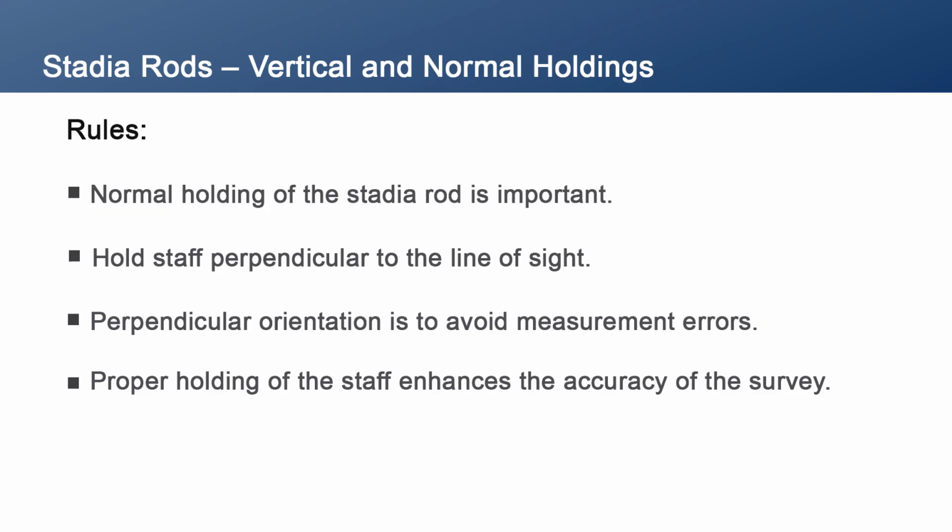Conversely, normal holding, which requires the staff to be perpendicular to the line of sight, not only avoids measurement errors but also maintains the integrity and reliability of the data collected. But this can be challenging, especially in high winds or rough terrain. So, let us now look into the techniques used in practice for this proper holding.